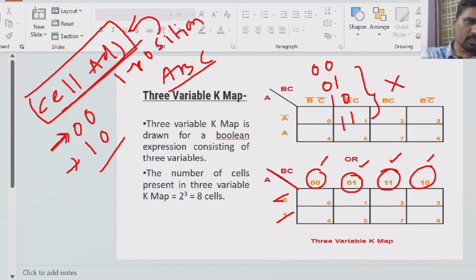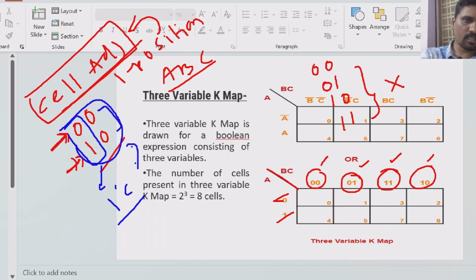Suppose for example this is 00 and 01. Now we compare: same value or different value? Different value. How many changes? One change. Now again you compare 0 and 0, how many changes are there? No change. So out of this comparison, how many changes did we get? One change. One change means we can minimize the expression.